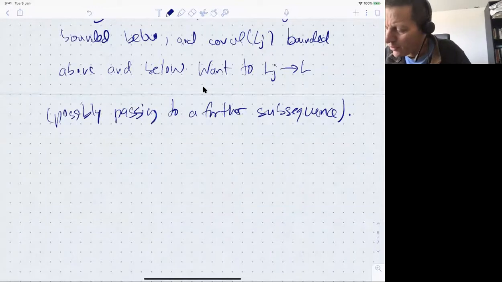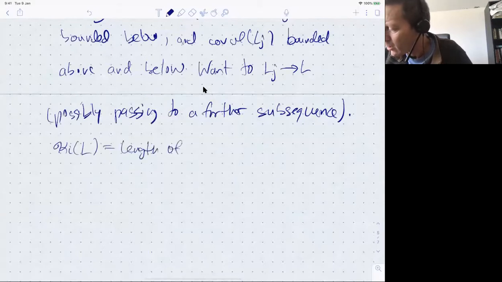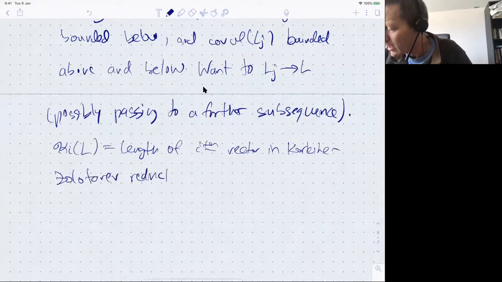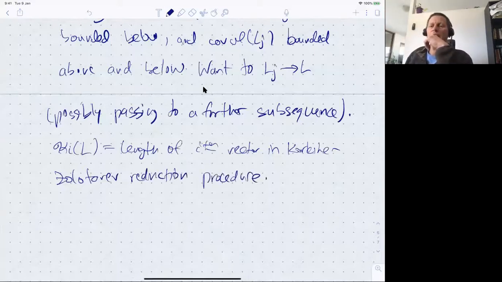So I'll remind you of a notation that we had. Kappa i of L is the length of the ith vector in the Korkin-Zolotarev reduction procedure. So what is this? There was a way that I described to extract a certain reduced basis of a lattice, reduced here meaning where the vectors are not too long, and it went as follows.